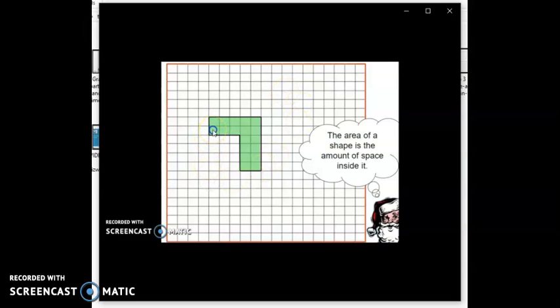For example, if I start counting the squares of the grid, it will be 1, 2, 3, 4, 5, 6, 7, 8, 9, 10, 11, 12, 13, 14, 15, 16, 17, 18.